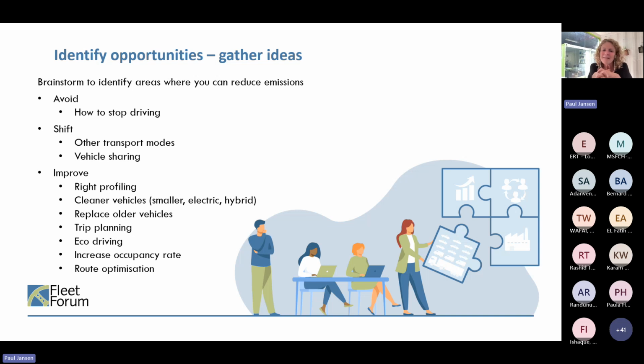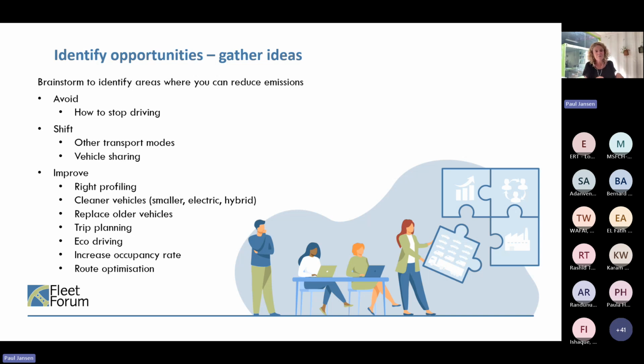Now, gathering ideas from other staff: the environmental unit, all staff members, fleet focal staff, maybe fleet managers in and outside your organizations, to see what other people are doing and how you can learn from that. The idea is really to brainstorm and identify areas where you can reduce emissions.